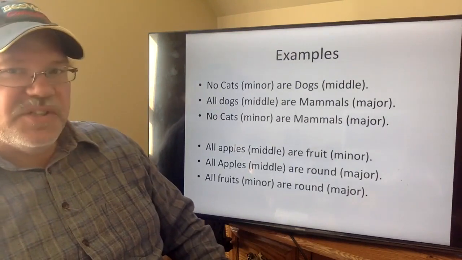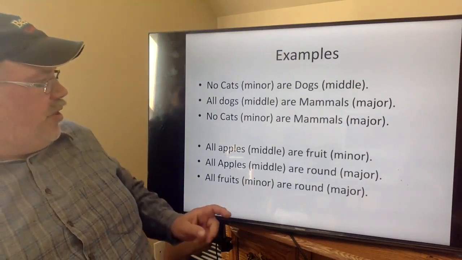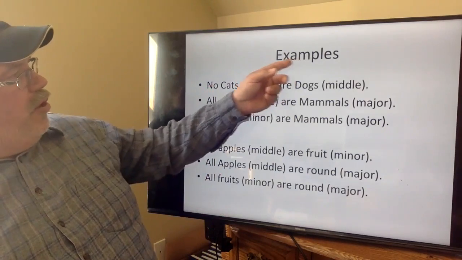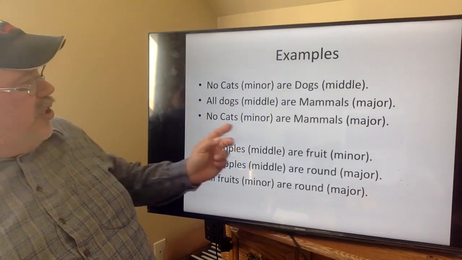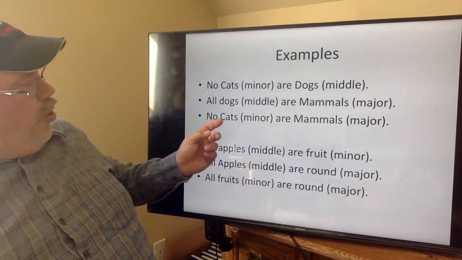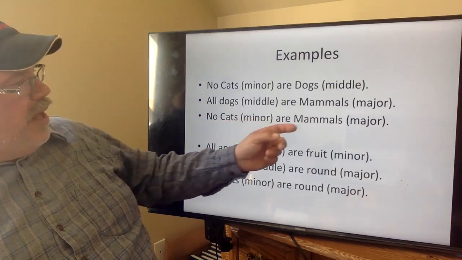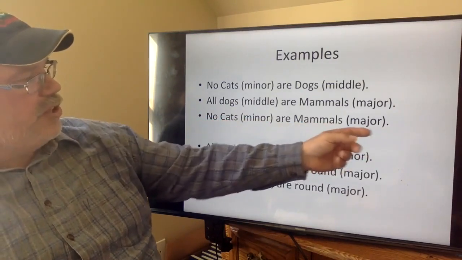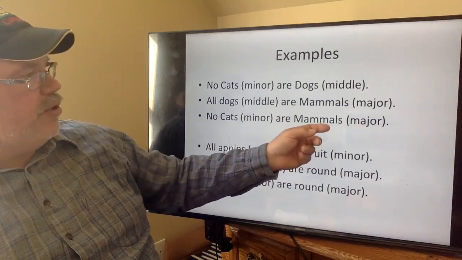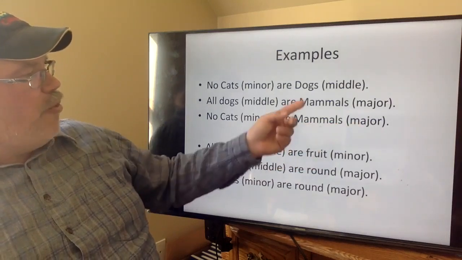So let's look at some examples just to see how this works. When you look at an example, first look at the conclusion. Here the minor term is cats, the subject of the conclusion, and mammals is the major term, the predicate of the conclusion. Now we work backwards.